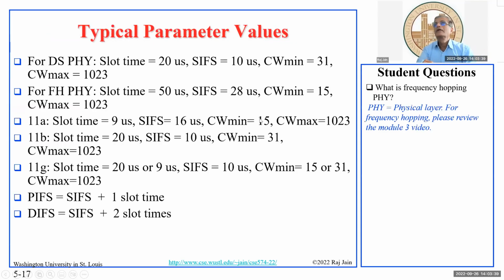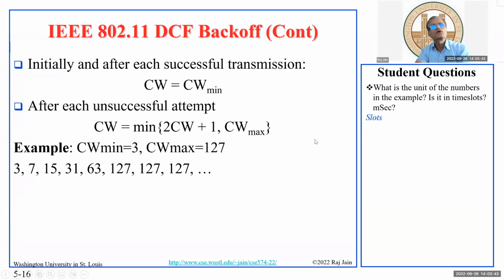But if you have unsuccessful, then you draw a number between your previous CW plus 1 and CW max. Okay. And so after each unsuccessful attempt, between 2 CW, which was your previous CW plus 1, to CW max.